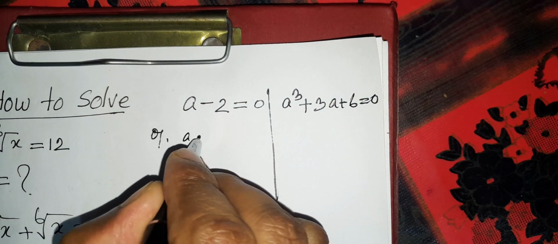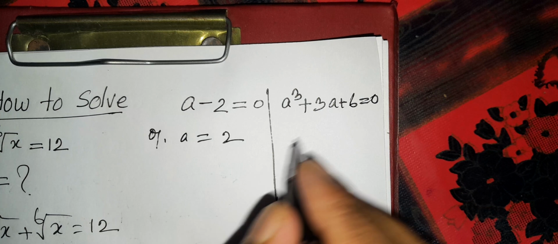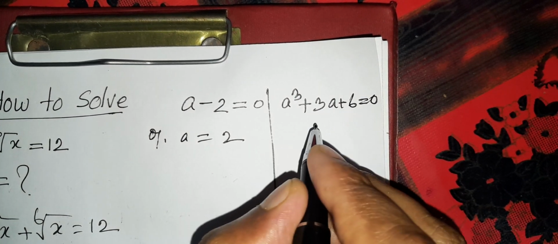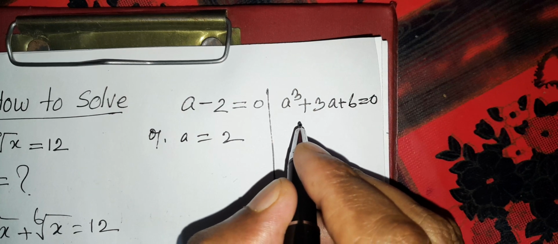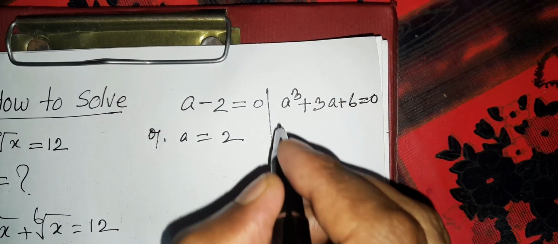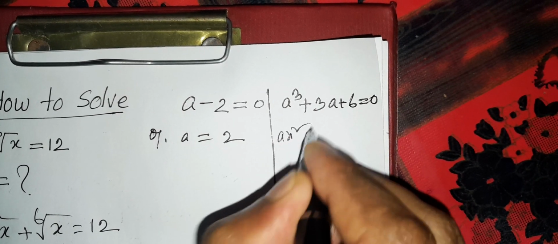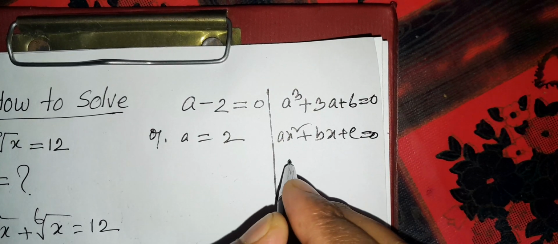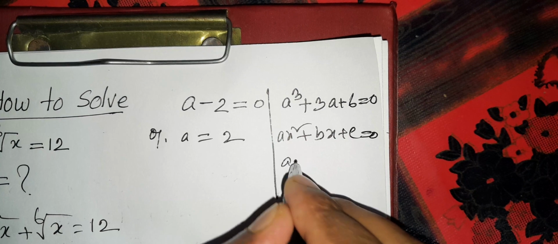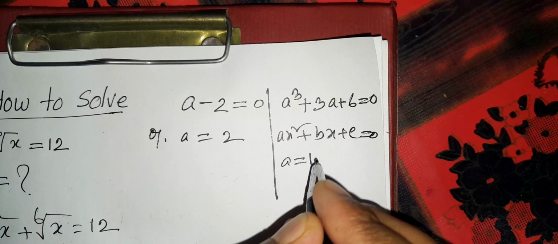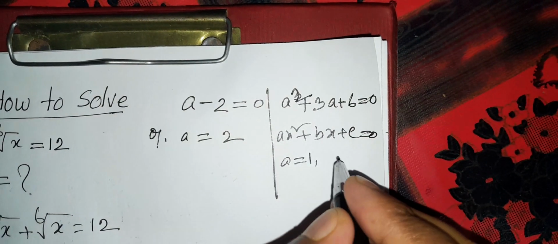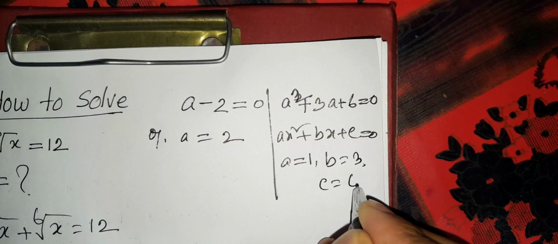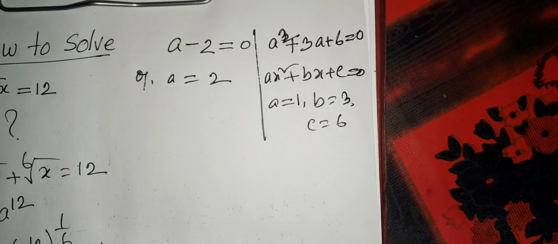Here a equals 2. And for the quadratic equation a x square plus b x plus c equal to 0, here a equals 1, b equals 3 and c equals 6.